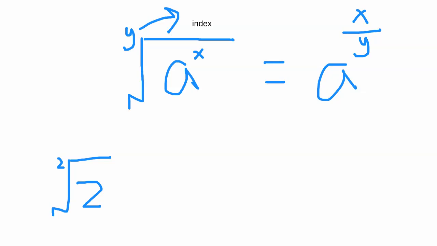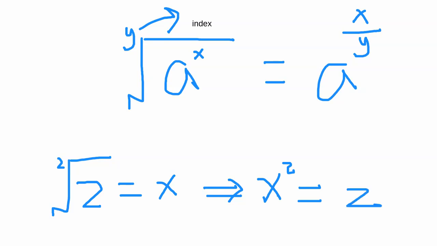What does index mean? Okay, let's think about square root 2. Let's say the square root of 2 equals x. What does it mean? That means something squared equals 2. x squared equals 2, right?